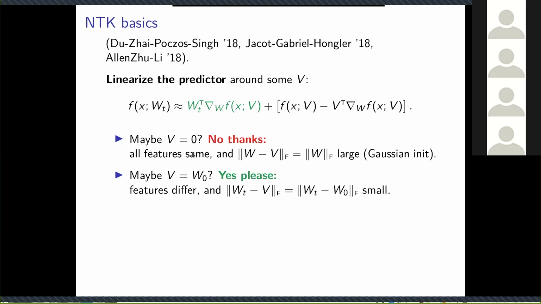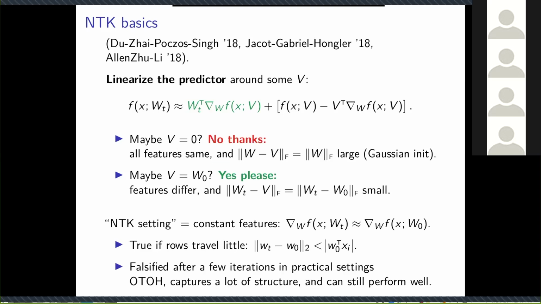We haven't run too many gradient descent steps, and our features still match those at initialization. I also say that because in this talk I'm always using the logistic or the exponential loss, the solutions are f in infinity, which means we are actually changing a lot of activations, and we're always exiting the NTK.